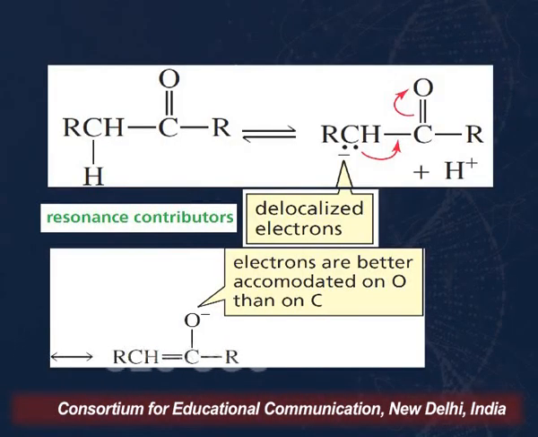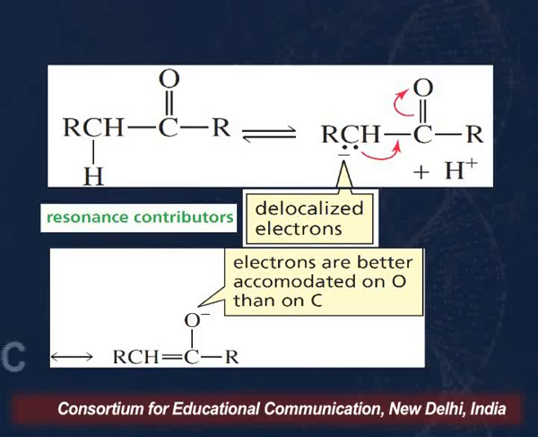So what you find here, as you can see on your screens, is that once the proton has been removed from the alpha carbon, we get a negative charge on the carbon which is adjacent to the carbonyl group. Now this negative charge and the pi bond of the carbonyl group are in conjugation.